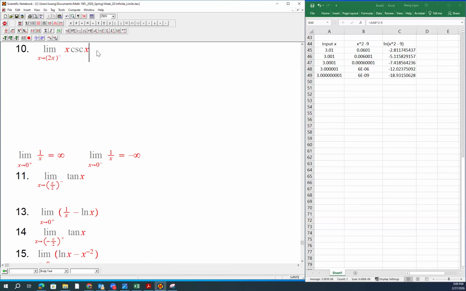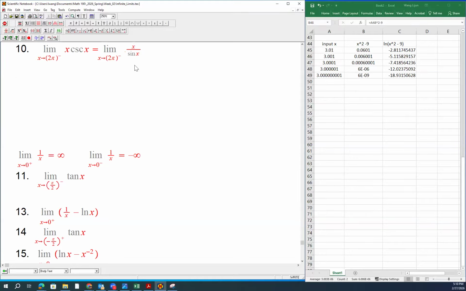Sorry about that. Since we may not be familiar with the cosecant, no problem. We can use the replacement for cosecant, which is 1 over sine x. So we can bring this x to the top: x over sine x.